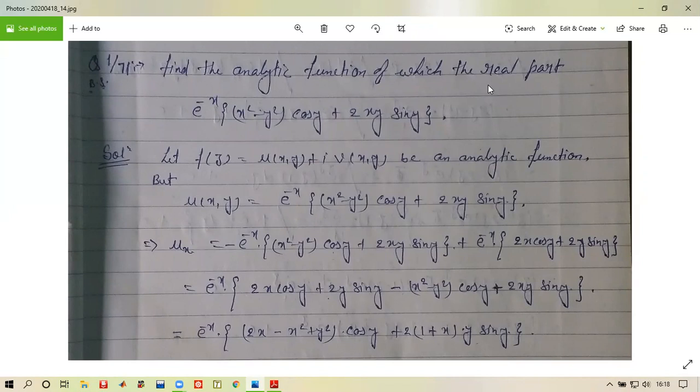The best example is given here. In question form: find the analytic function of which the real part is given as e to the power minus x times bracket x square minus y square cos y plus twice xy sin y.